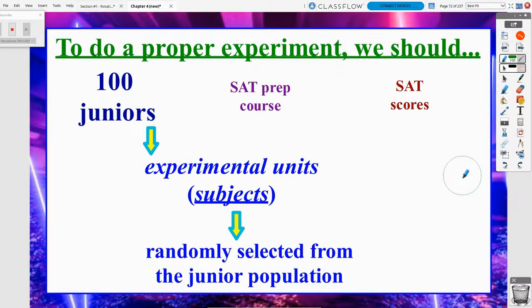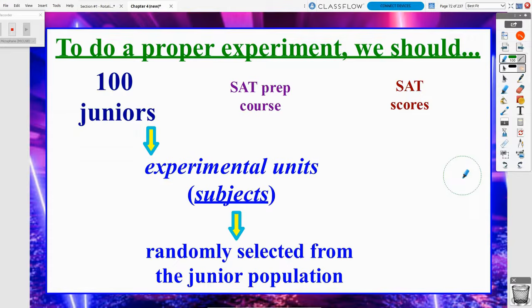So to do a proper experiment for this scenario, we're going to break this down into three areas here. First, we're going to start with our subjects, which formally are called our experimental units. Now, experimental units could be people, and for the most part, that's usually people.